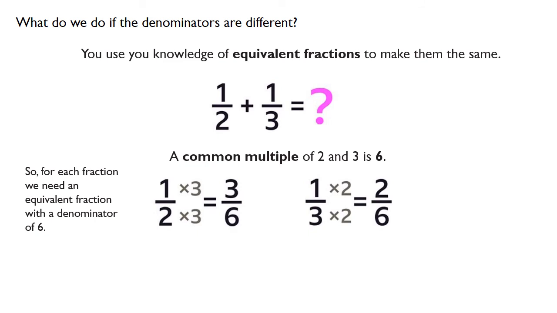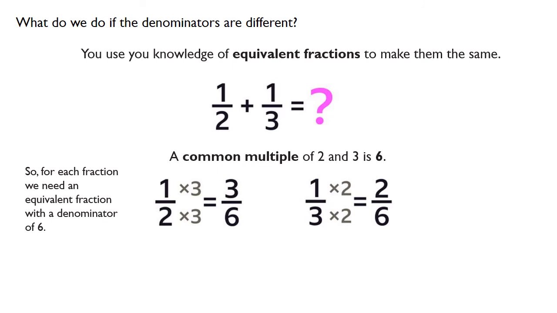So 1/2 we need to make into 6ths, and we know that 1/2 is equivalent to 3/6 because 3 is half of 6. And 1/3 we need to make into 6ths, and we know that double 3 is 6, so times by 2. So doubling 1 times 1 by 2 gives us 2/6.